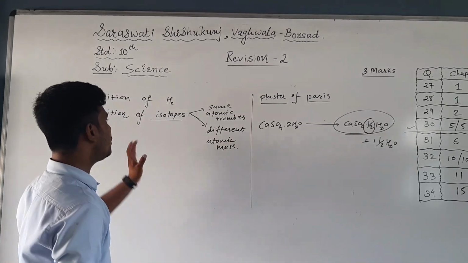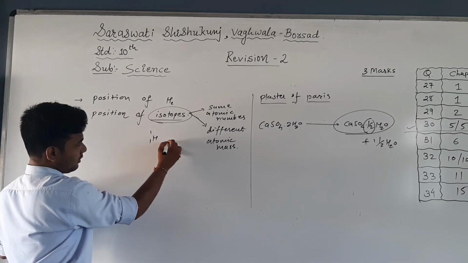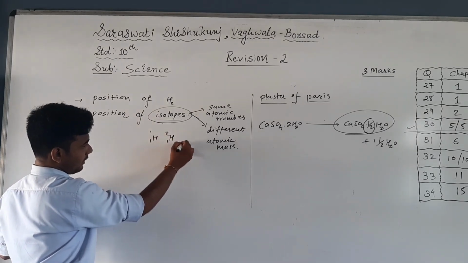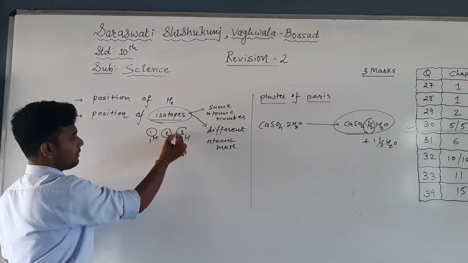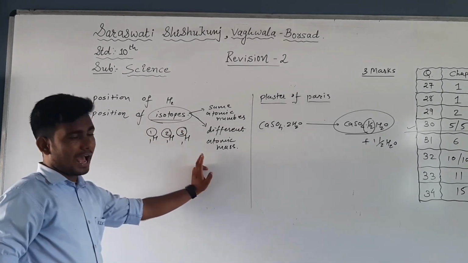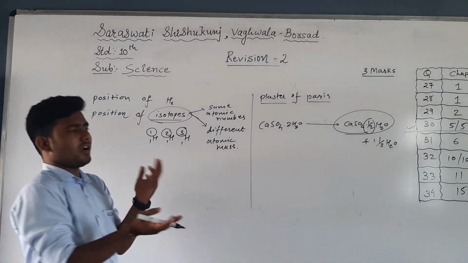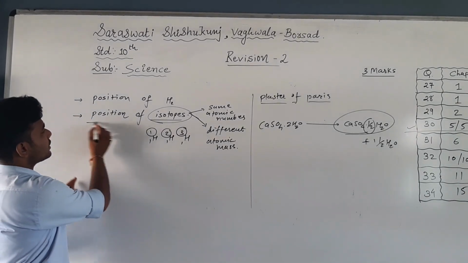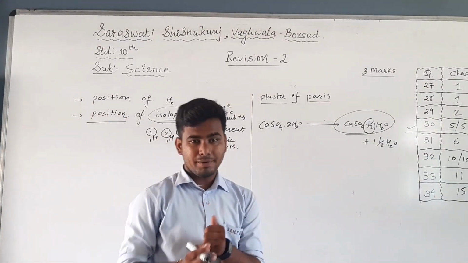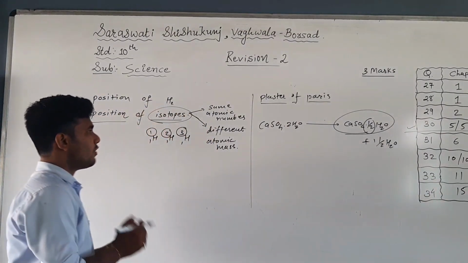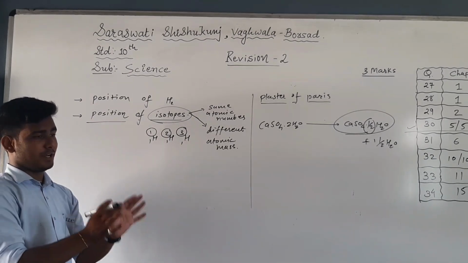So how to arrange these isotopes, like 1H1, 1H2 and 1H3? Now it was arranged according to atomic masses. So for these isotopes of hydrogen, we would require 3 different columns, which was not preferable. So the position of isotopes is also a limitation of Mendeleev. Mendeleev was not able to arrange these isotopes in his periodic table.